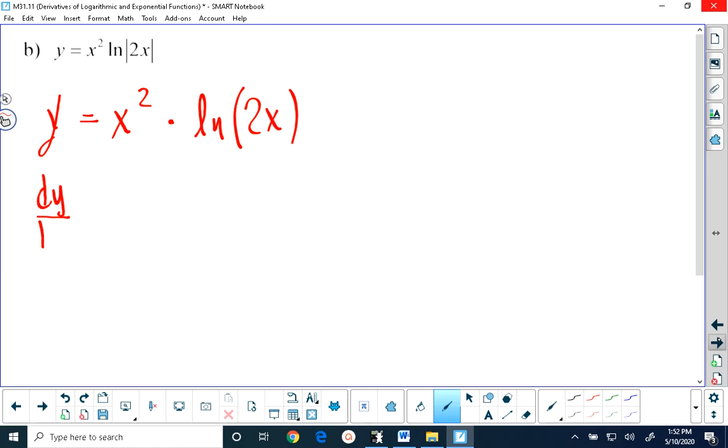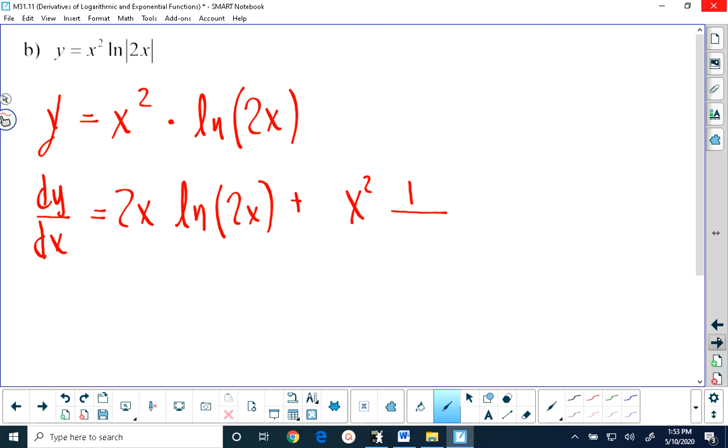Dy dx equals 2x, which is the derivative of the first, multiplied by the second, plus the first, which is x squared, times the derivative of the natural logarithm of 2x, while the natural logarithm has a derivative of 1 over, times the derivative of the argument. The argument was 2x, the derivative of that is 2. Now we can simplify this a little bit.